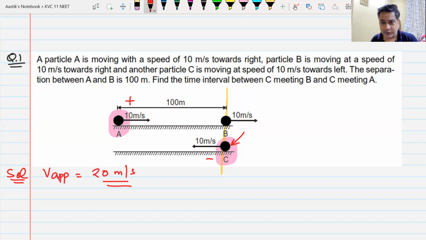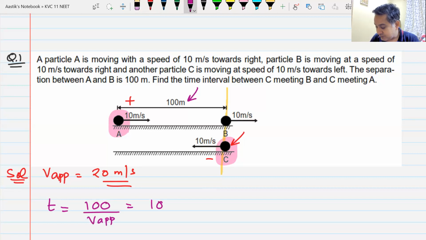So both of these are approaching with a velocity of 10 meter per second. There is no acceleration. How are you going to do this? The total distance they have to cover is 100 meters. So the time that is required will be 100 divided by the velocity of approach. 100 divided by 20.